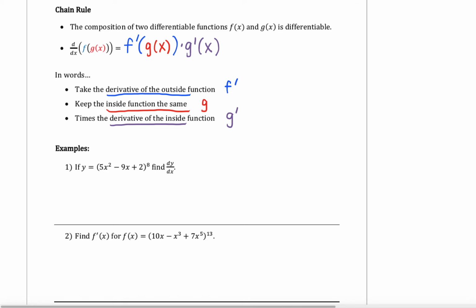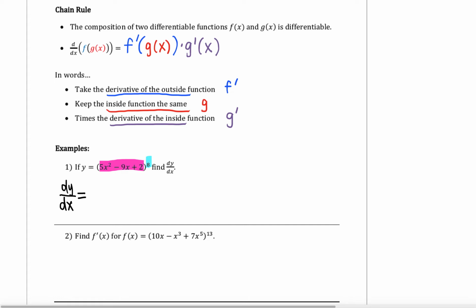So in this setup, our outside function is the 8th power, because all of the quadratic inside is being raised to the 8th power, and then our inside function would be the 5x squared minus 9x plus 2. When we take the derivative using the chain rule, let's start by labeling what we're going to find. I'm finding dy over dx, or our derivative.